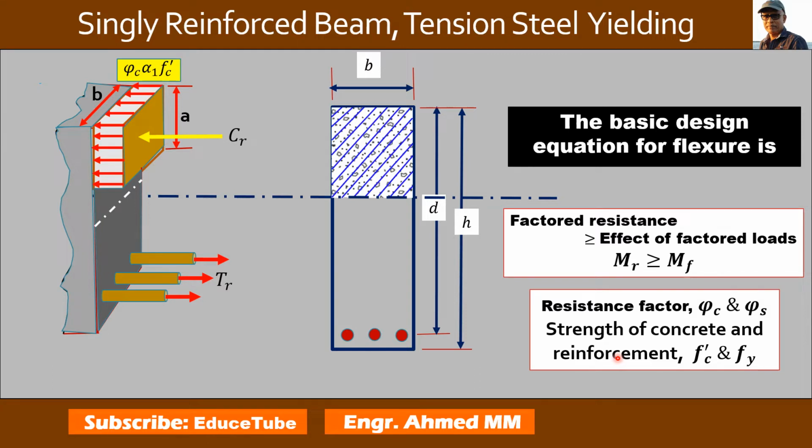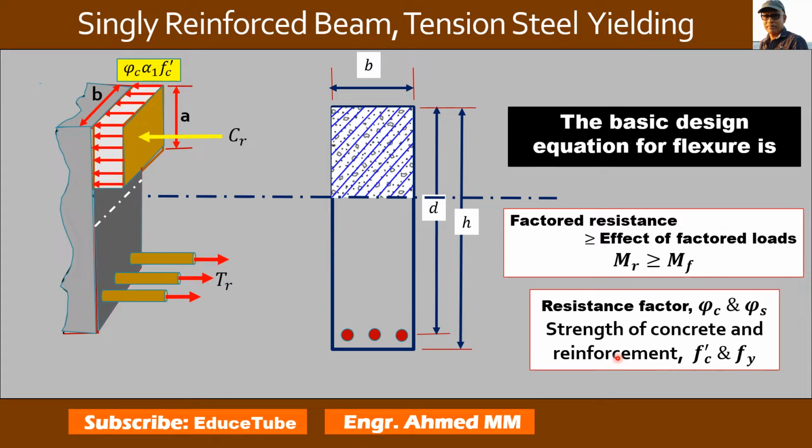Now the question is, why are we using the resistance factors? Basically to account for possible variations of dimension of the cross section, or for possible variations of material strength, and also for possible uncertainties in the strength equations.